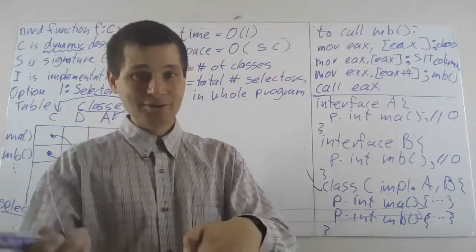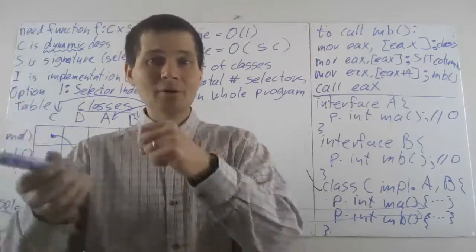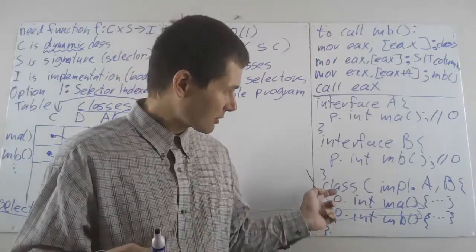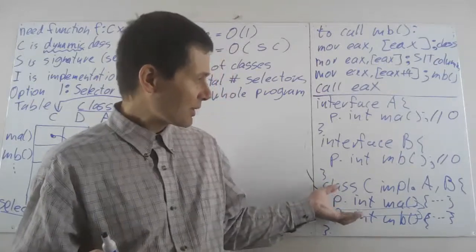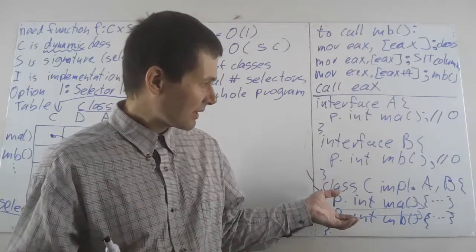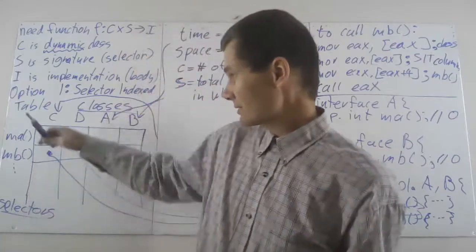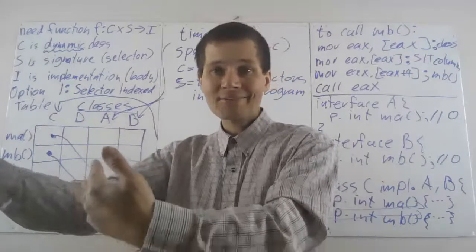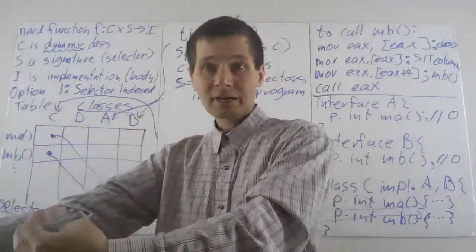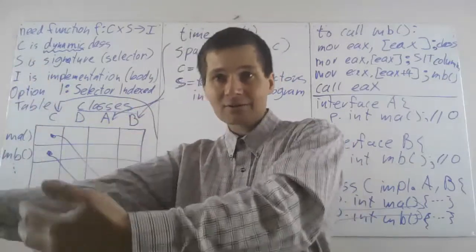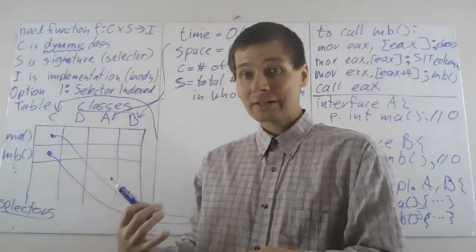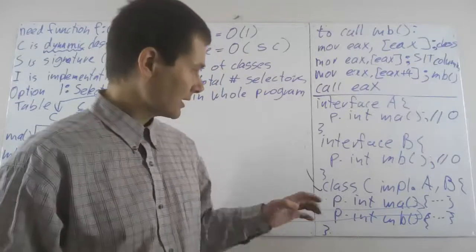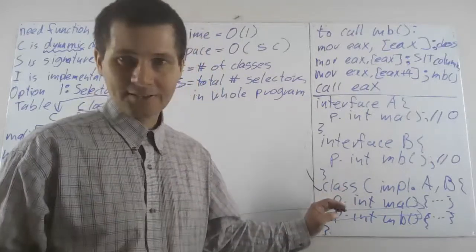So to go back to the question, dynamically loading classes into the program: you can dynamically load the class, but you would need to create the selector index table column at runtime, so you wouldn't be able to embed that column into the class that you're loading dynamically, but you'd have to create it at runtime. And I think you'd also have to patch up the calls within the class, right?